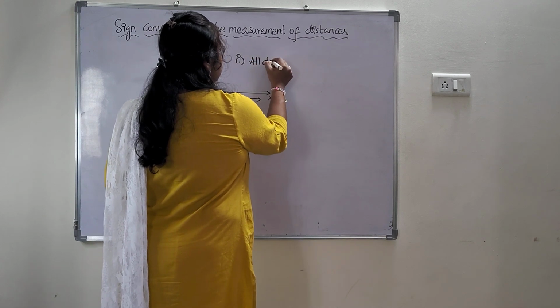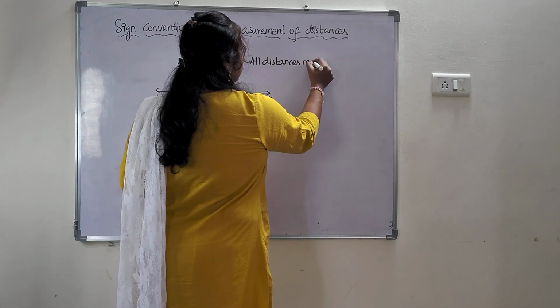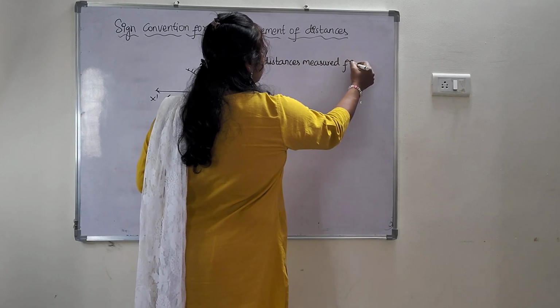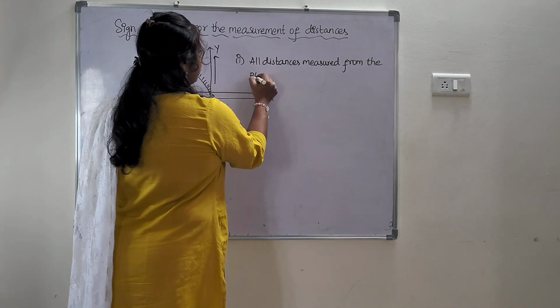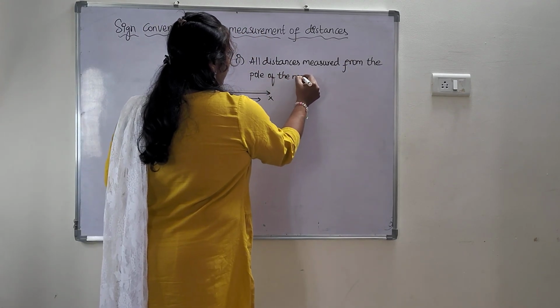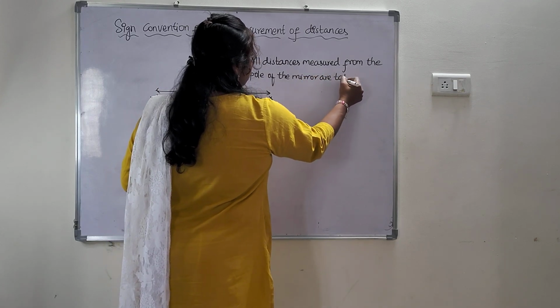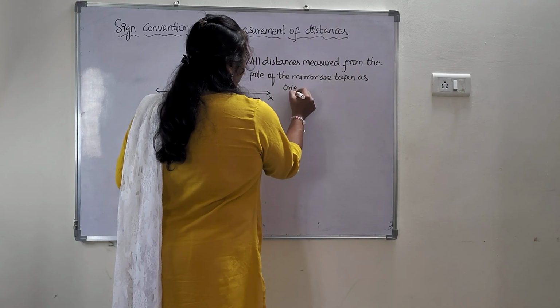Rule number 1: All distances are measured from the pole of the mirror, taken as origin.